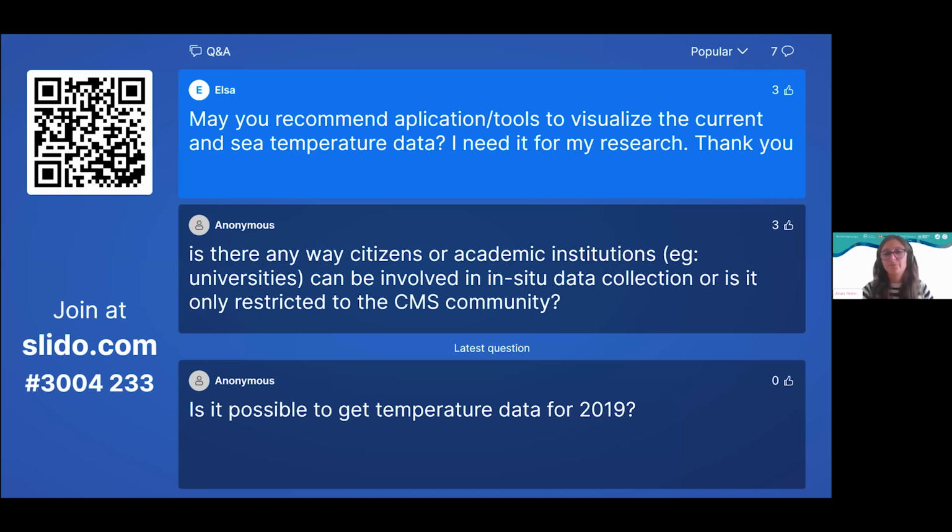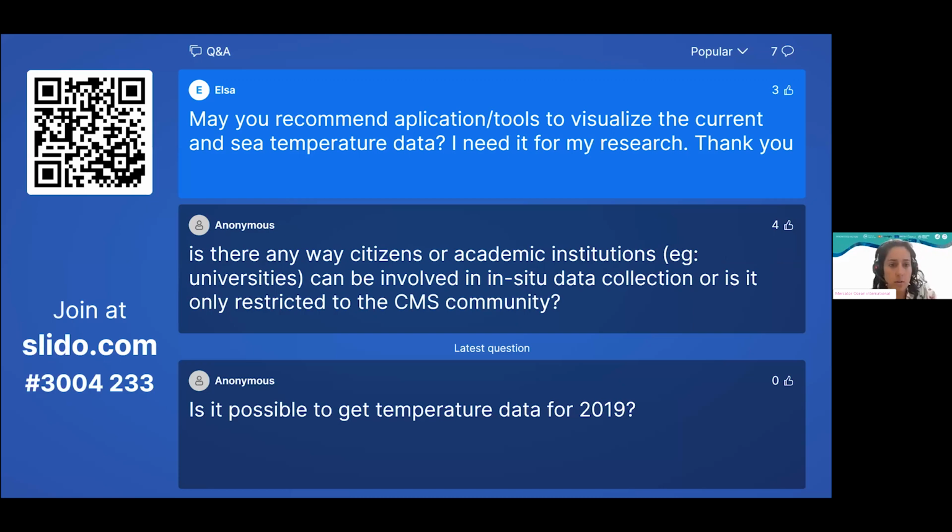So I encourage you to go to our App Center, but the MyOcean viewer is created for visualizing our data. It's a great tool, but you also have other options. Yes, they still remain open source.